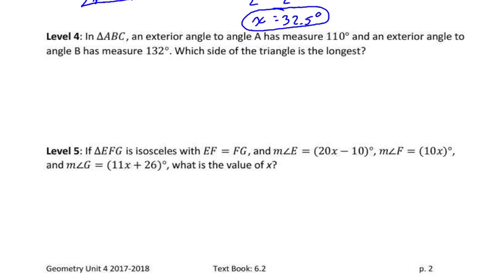Level 4. In triangle ABC, exterior angle to A. Alright, so let's go ahead and draw ABC. A, B, C. Exterior to A is 110. Exterior to B is 132.